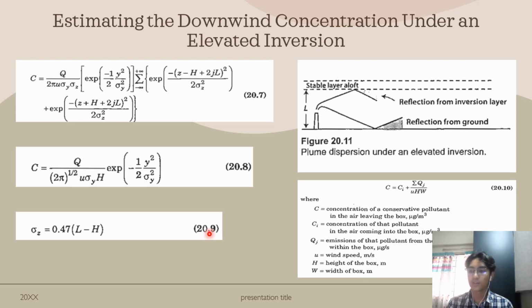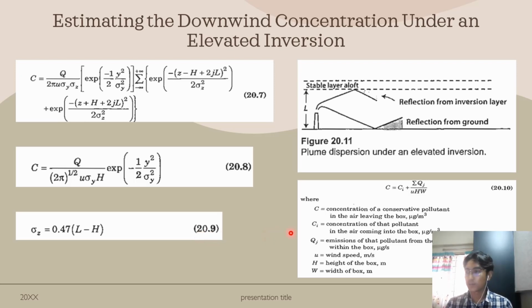The sufficient distance is set equal to twice the distance at which the edge of the plume begins to interact with the inversion layer. If the distance of the interaction is XL, then according to Turner, sigma z at this distance is given by equation 20.9.